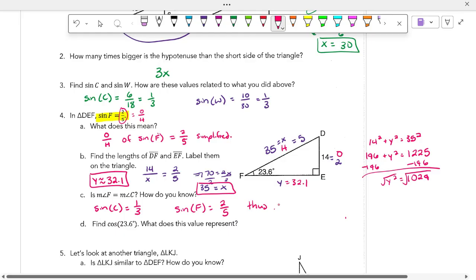Thus, if we took the inverse sine of those, they would not equal the same thing. Because remember, the inverse sine is how you find the angles. So if we took the inverse sine of those ratios, they would not equal the same thing, which means they are not the same angle measure. So in other words, they're not congruent.